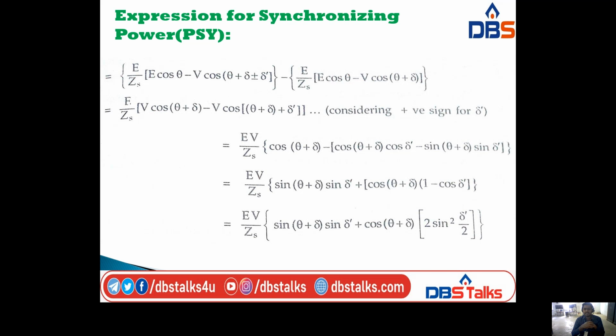From this I am writing EV by Zs of sin(theta plus delta) into sin delta dash plus cos(theta plus delta) into (1 minus cos delta dash), and from this, EV by Zs into sin(theta plus delta) into sin delta dash plus cos(theta plus delta) into 2 sin square(delta dash by 2). So we write 1 minus cos delta as 2 sin square(delta dash by 2).